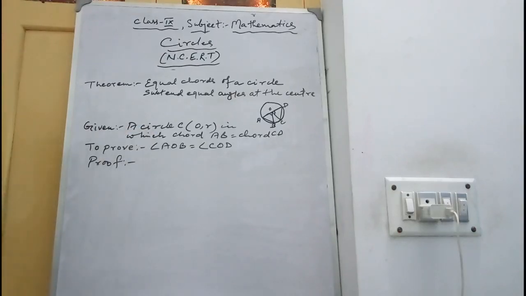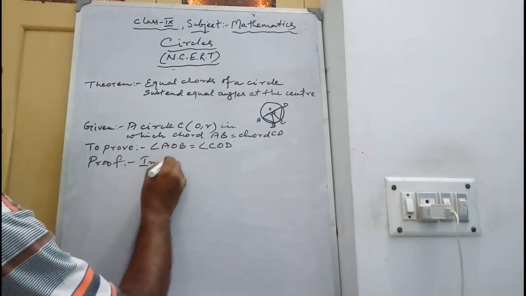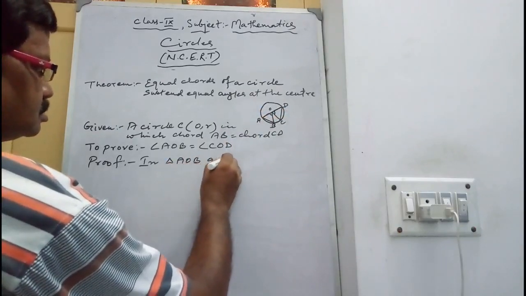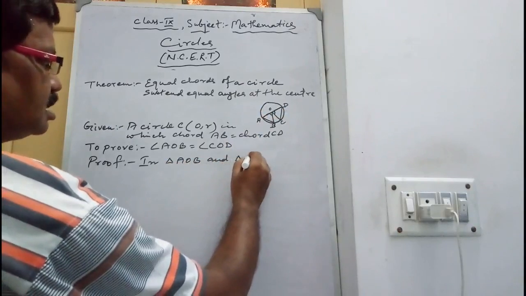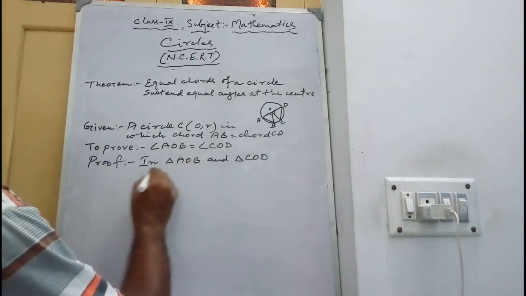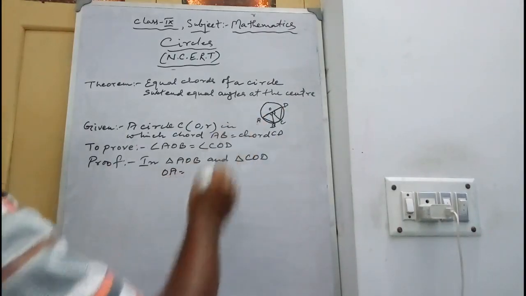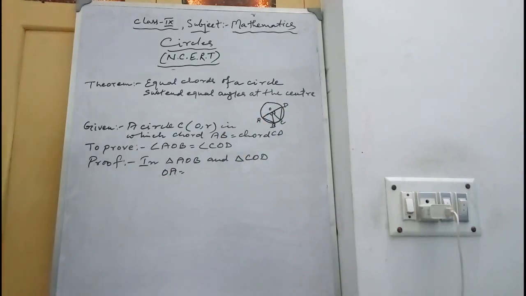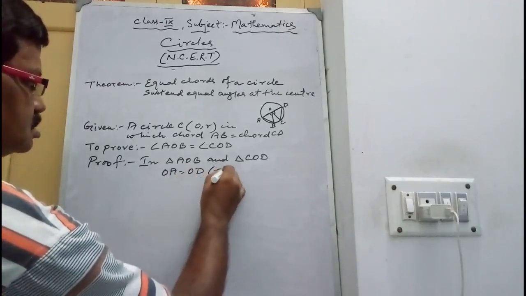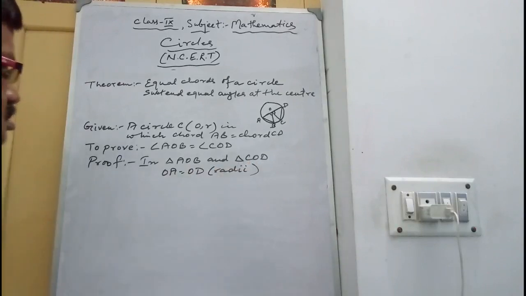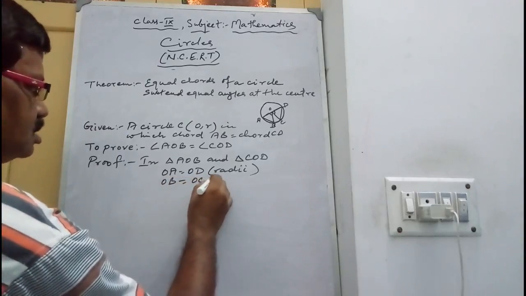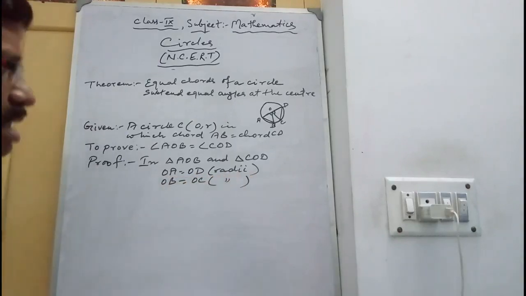Now the proof. In triangle AOB and triangle COD, taking these two triangles, OA is equal to OD and OB is equal to OC, the same radius of the circle.